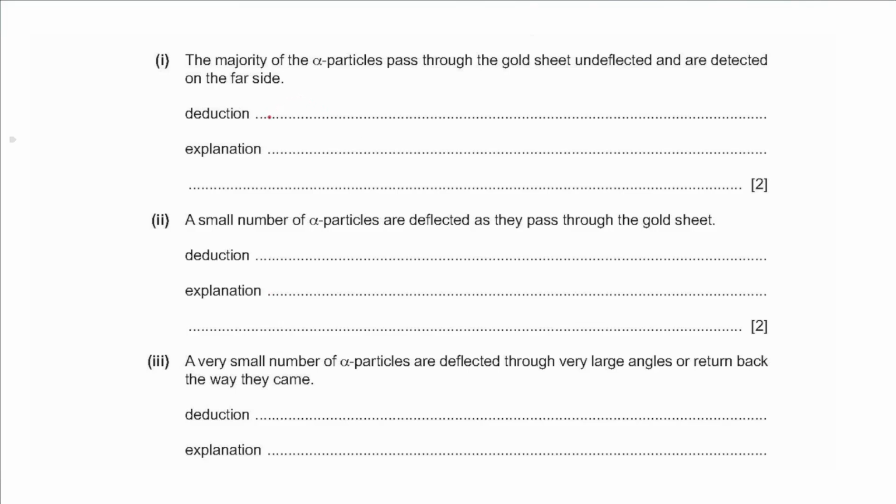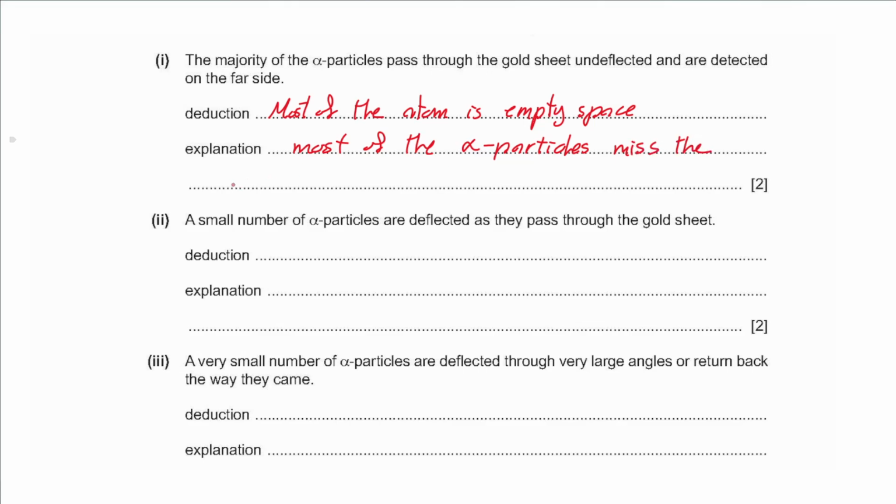We say that most of the atom is empty space because most of the alpha particles miss or do not hit the nucleus or the core of the atom. So most of them go undeflected because the nucleus is very small. We can also say in the deduction that the nucleus is very small or is tiny.